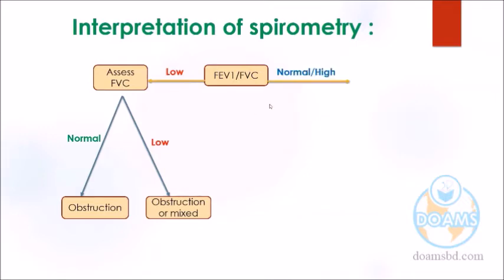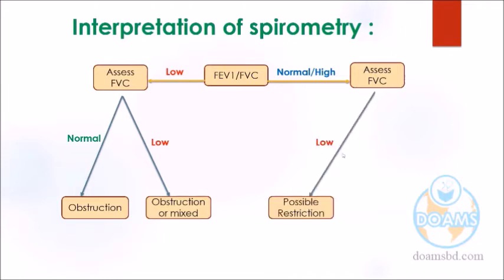Now come to the right side of this algorithm. If this ratio is normal or high, what could be the possibilities? We are heading to diagnose restrictive disease, and again assess forced vital capacity. If it is low, it is possibly restrictive disease.